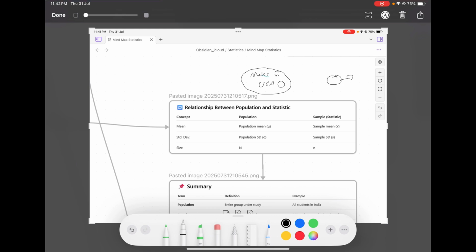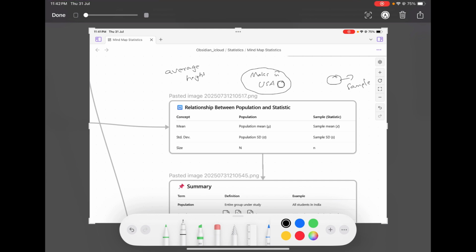So this is called sample, and it is not possible to take, for example, if you want to find average height, it is not possible to measure the height of all the males in USA and take an average. Instead, what we will do is take a sample.